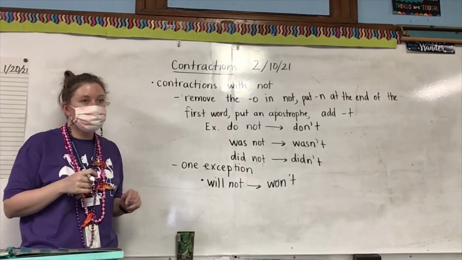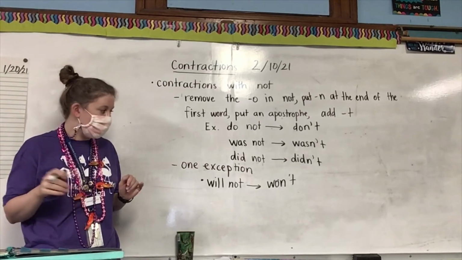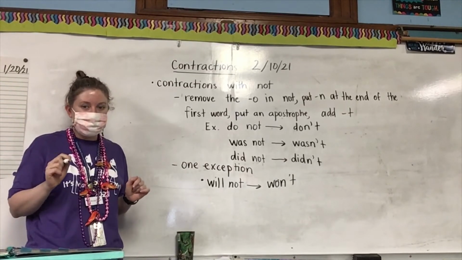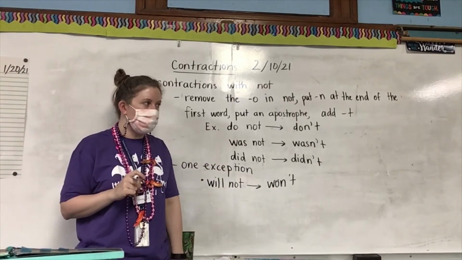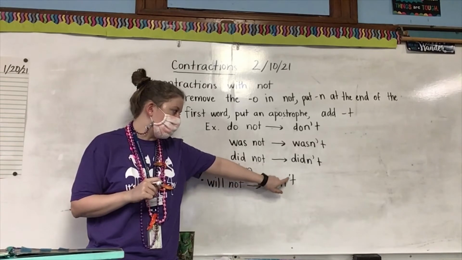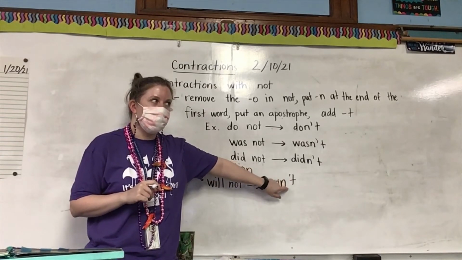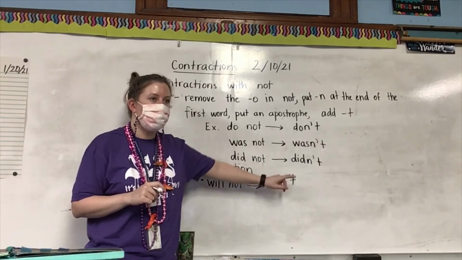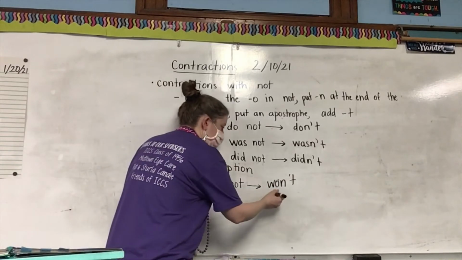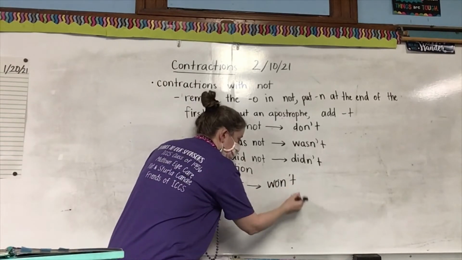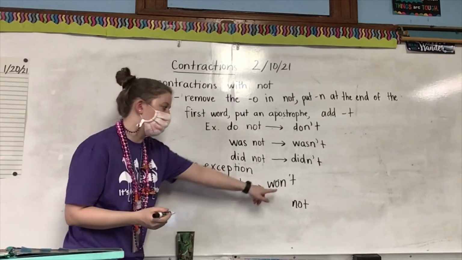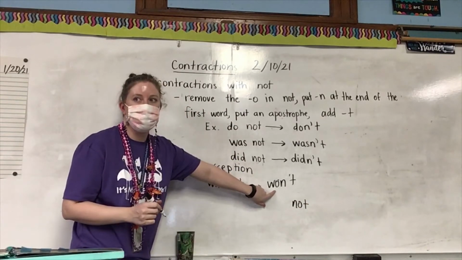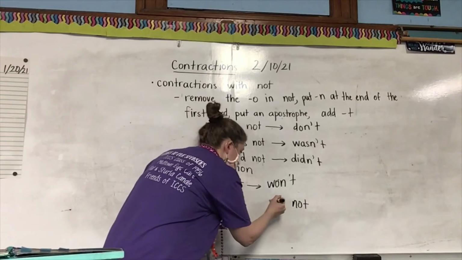Will not, when we make it a contraction, is won't. If we went backwards and said, okay, N apostrophe T means not, and I know whatever comes before the N is the first word.